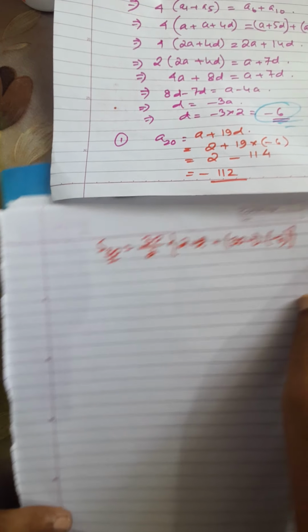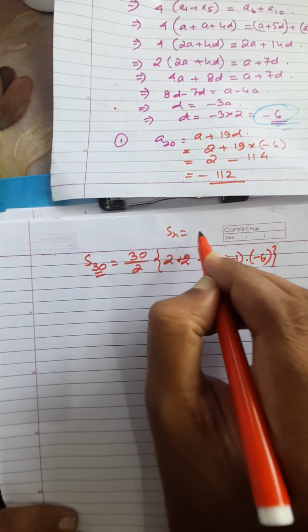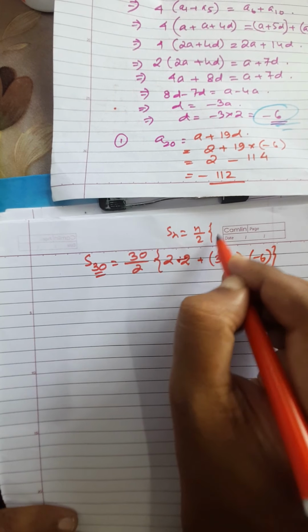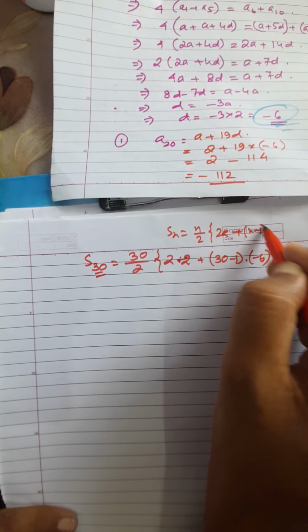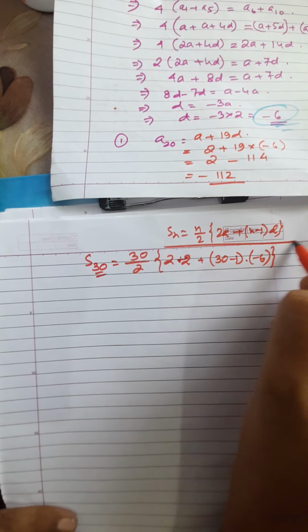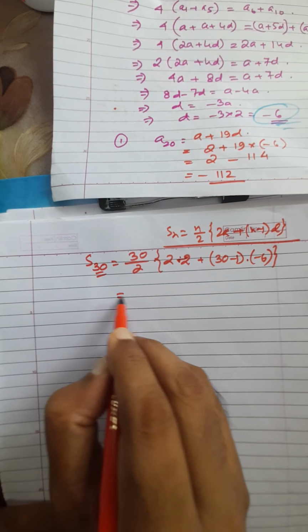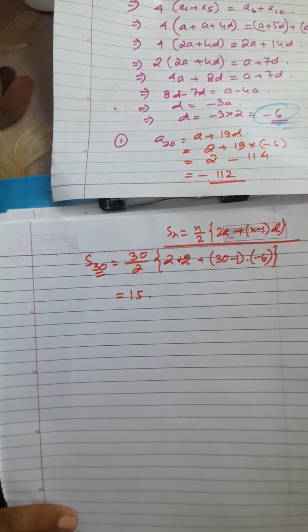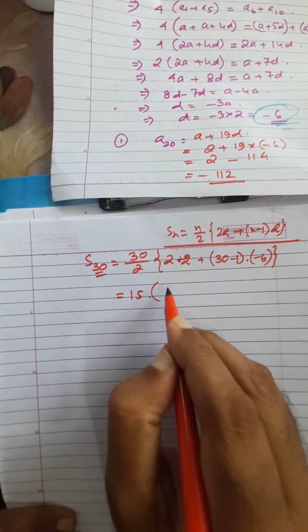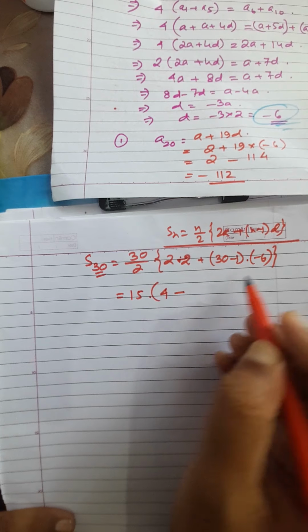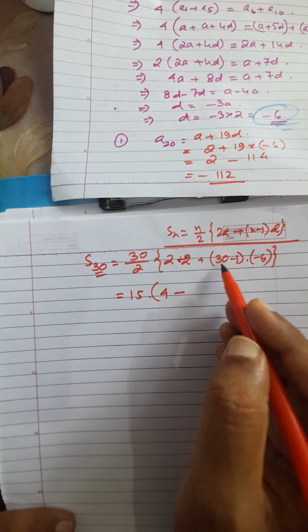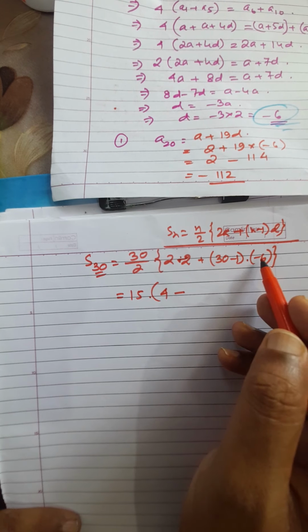What is the formula? Sn is equal to n by 2 twice a plus n minus 1 into d. This formula you have to apply. So 15 into 4 minus 29. 30 minus 1 is 29. 29 into 6.